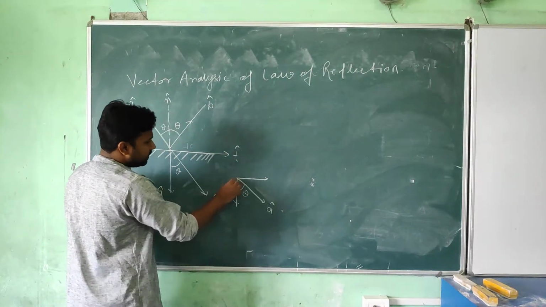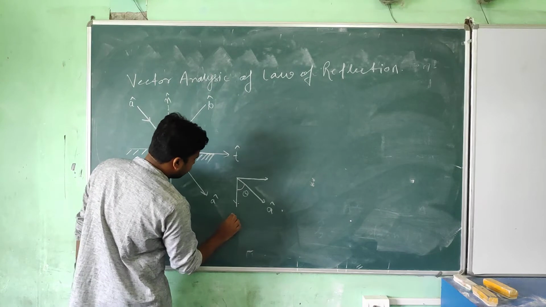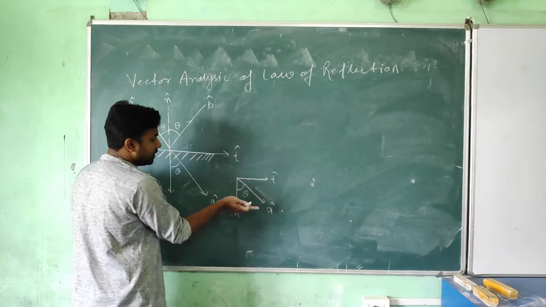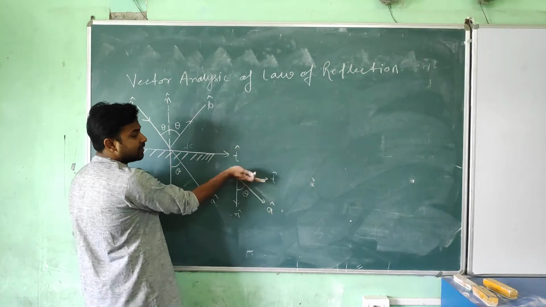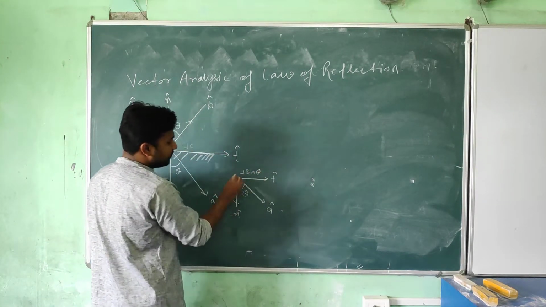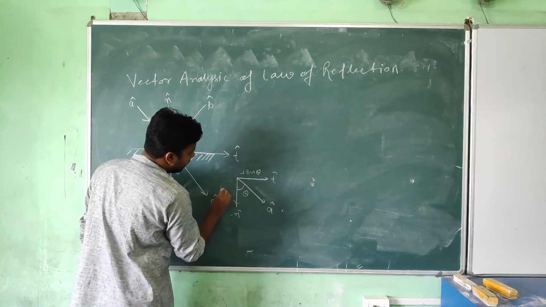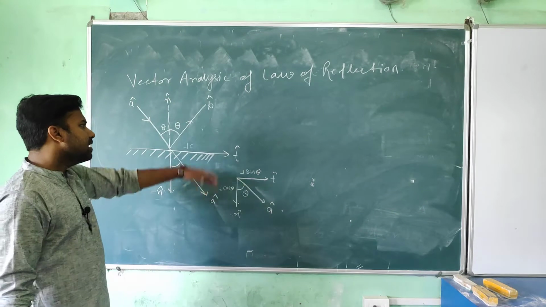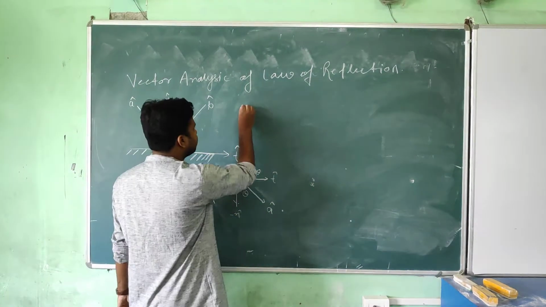Here this direction is minus N cap direction, and this is T cap direction. So the effectiveness of this A vector in this direction is 1 sin theta, and in this one it is 1 cos theta. Similarly we can write for the B vector.